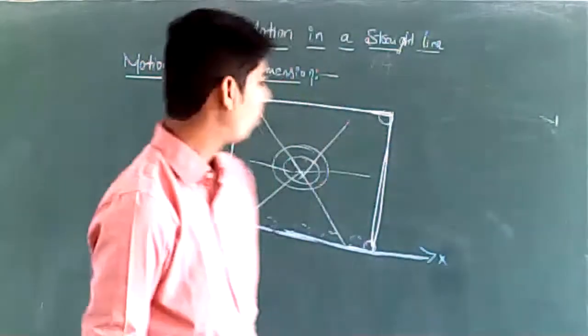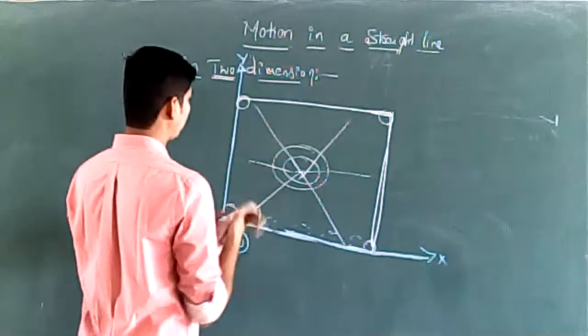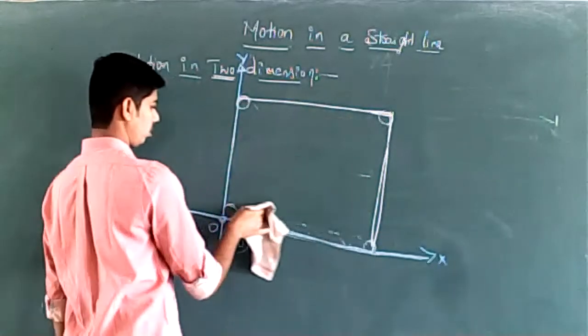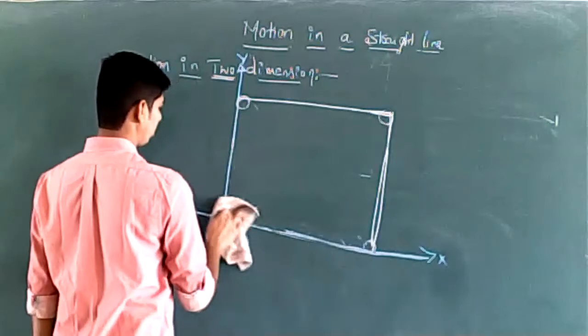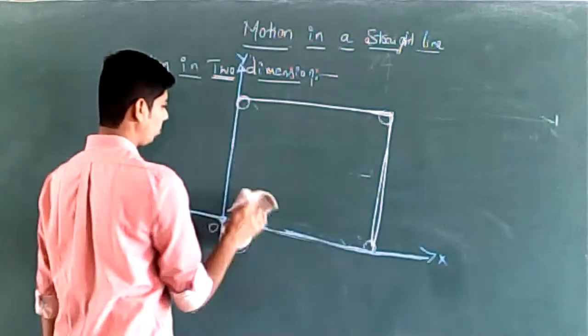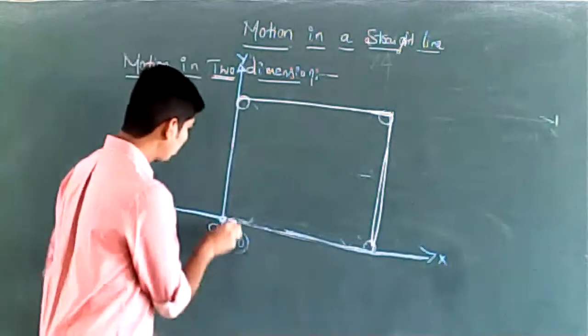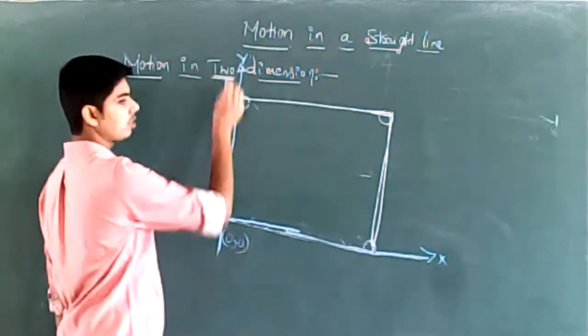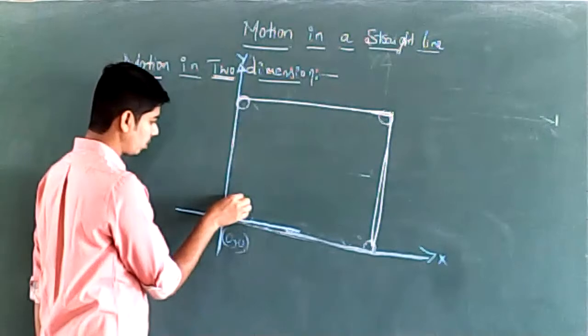Suppose if I strike the carom coin obliquely, I do not strike the carom coin along x-axis, nor do I strike the carom coin along y-axis.